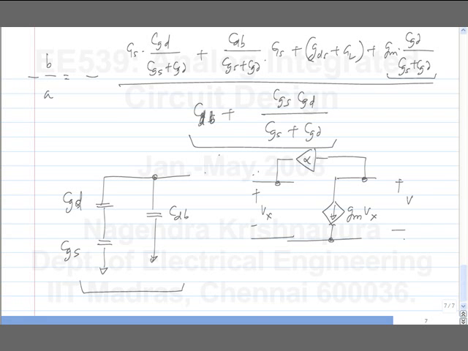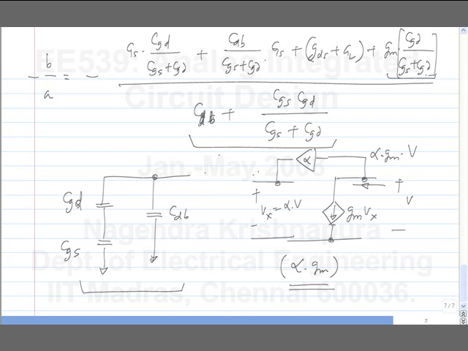Vx equals alpha times V. So this current will be what? Alpha times Gm times V. So it's equivalent to a conductance of alpha times Gm. So it's the feedback factor times the transconductance. Now here it says that alpha is CGD by CGS plus CGD. Where is that in the circuit?